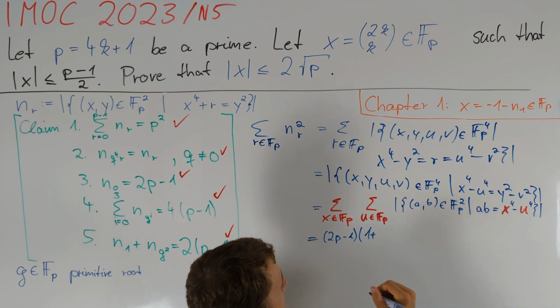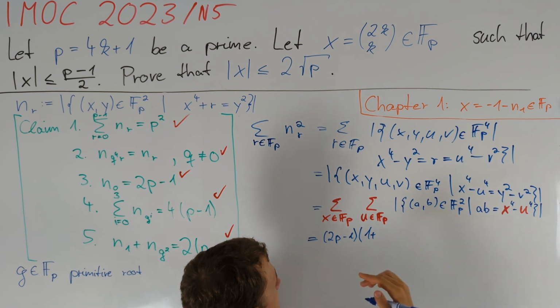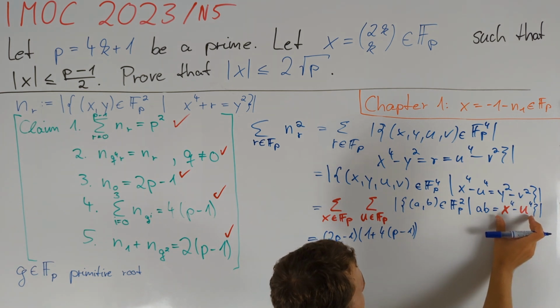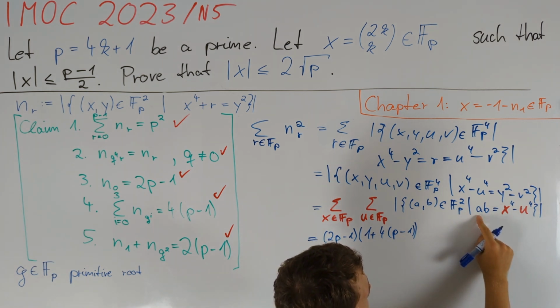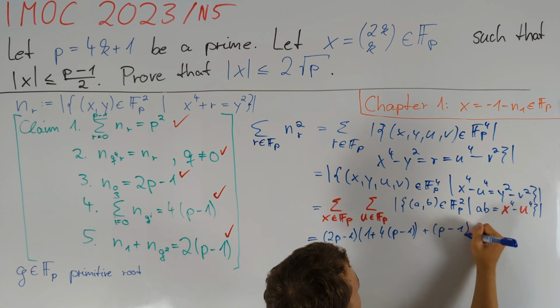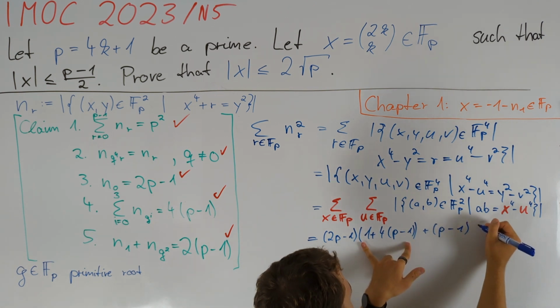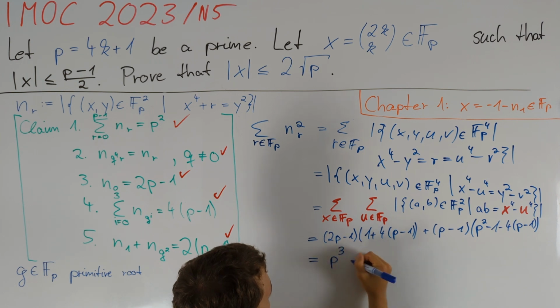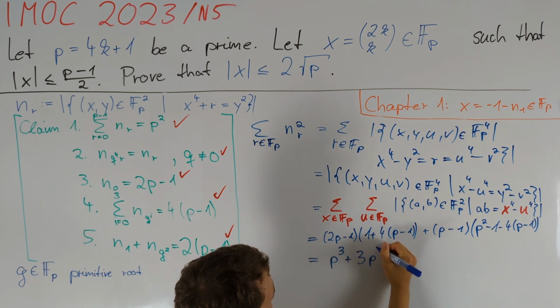And for the remaining p minus 1 values for x, there are 4 values for u in every case. For the remaining pairs x, u, this value is not equal to 0. And thus, again, we have p minus 1 possible values for a, b. So we get p minus 1 times p squared minus this value. My calculator says that this is equal to p cubed plus 3p squared minus 3p.